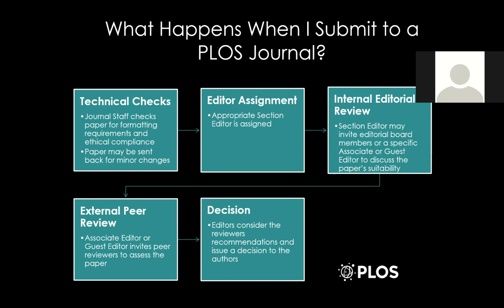But very often, before the paper is sent out for peer review, it will be rejected at this stage of the review process. So it won't get sent out for external peer review. If it does pass this stage, it gets sent for peer review, and then there's a decision. We'll talk more about that.